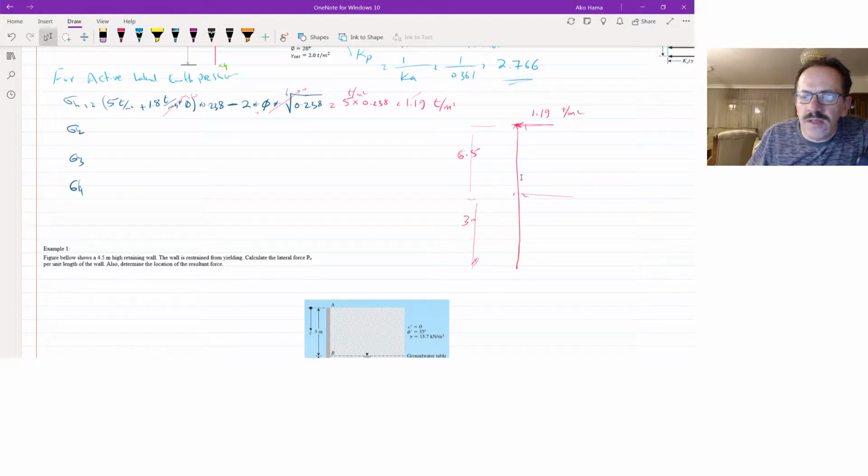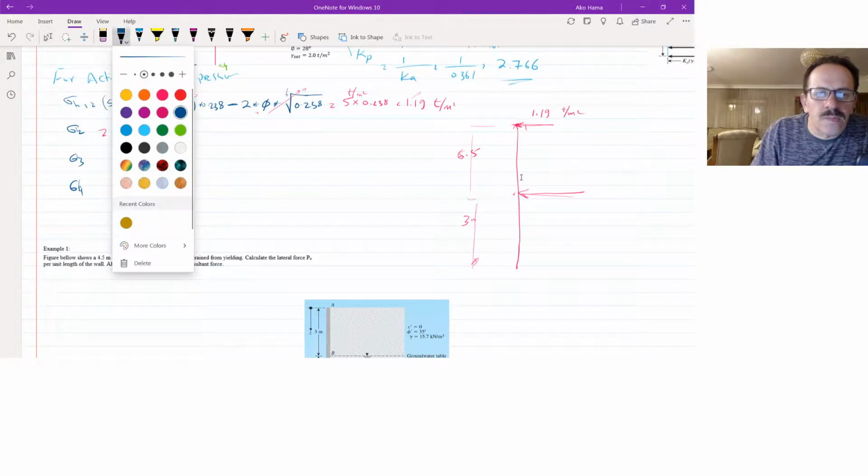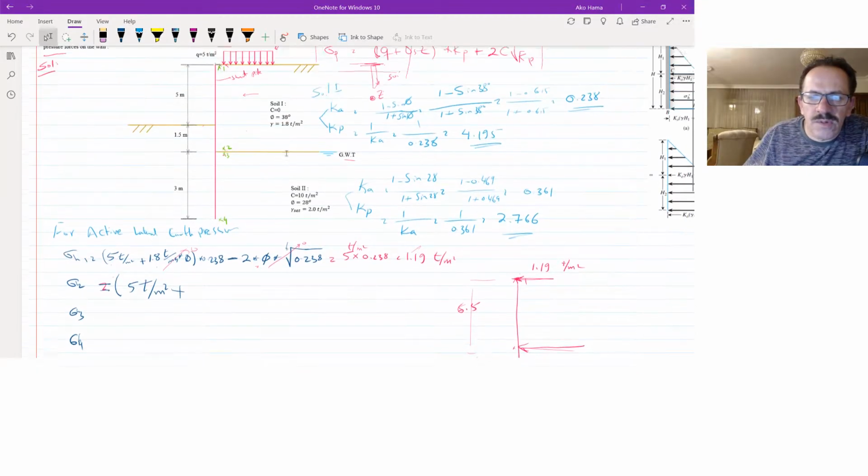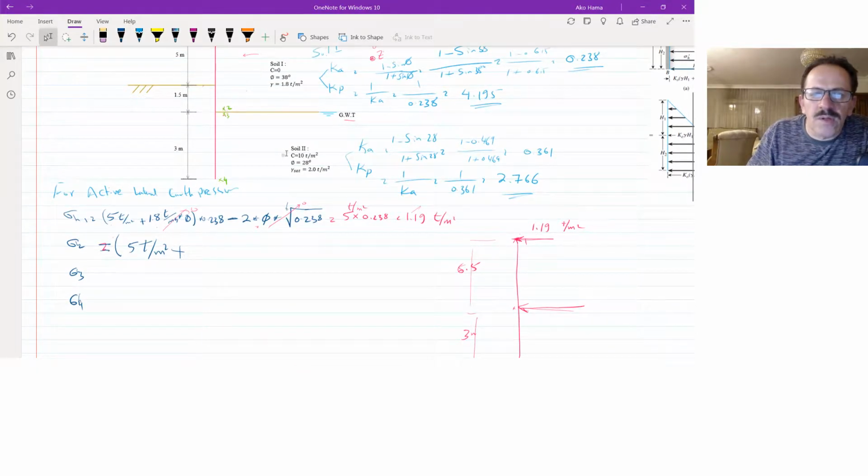Now I'm going to find the pressure at point 2, the same way. Remember that we are using the same equation. So the Q is also 5 ton per meter square. Gamma means the gamma of this soil, soil 1, because point 2 is still in soil 1.